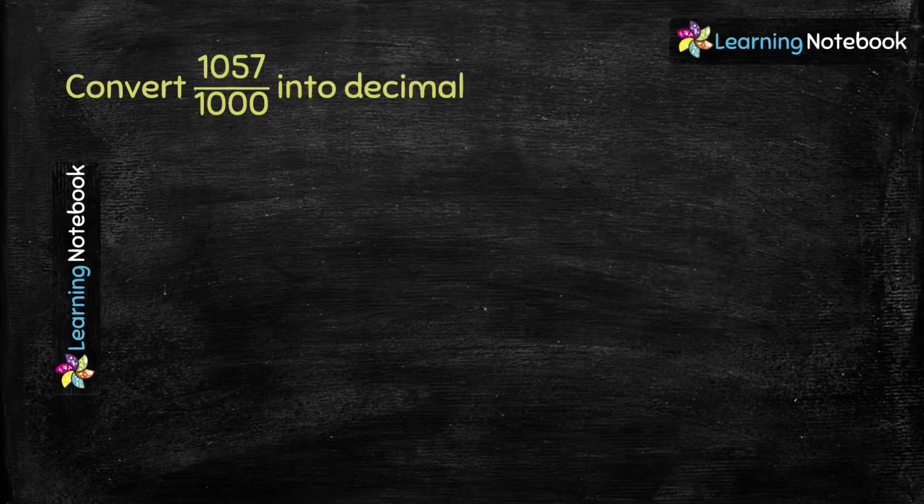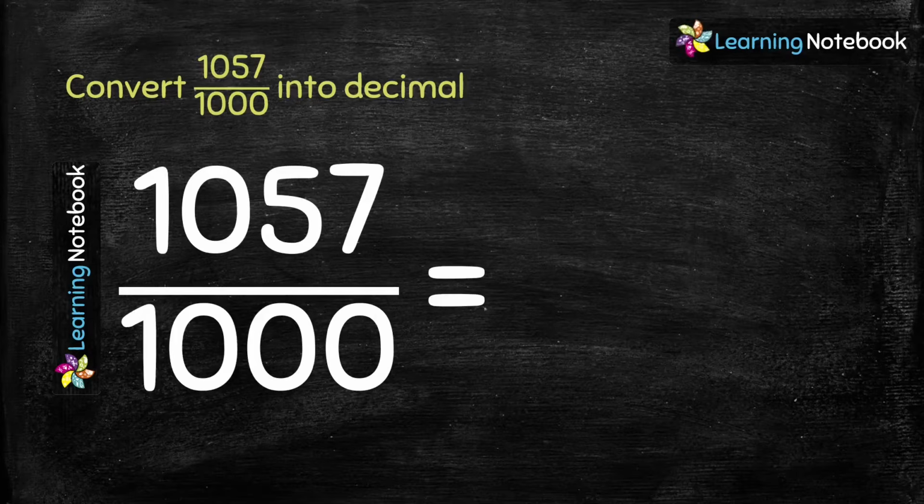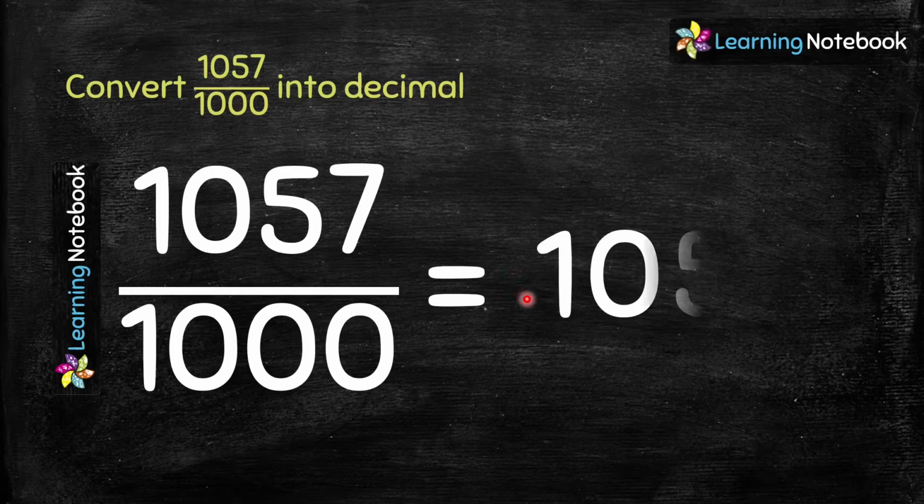Now the next question is, convert 1057 upon 1000 into decimal. So first we will write the numerator 1057 as the number. Now there are 3 zeros in the denominator.